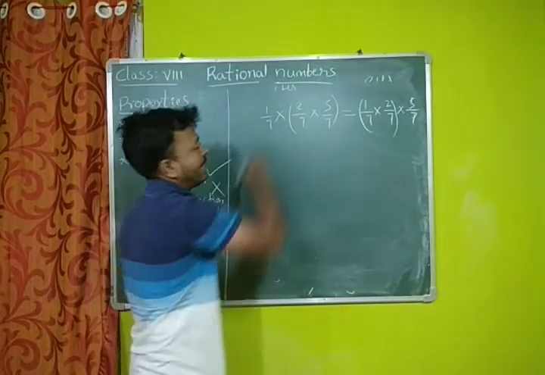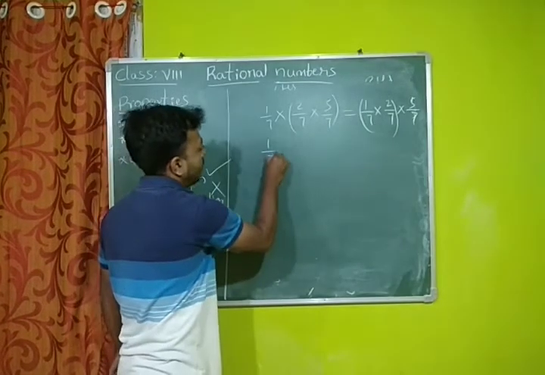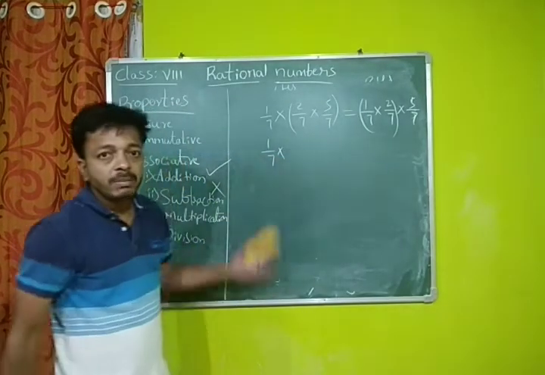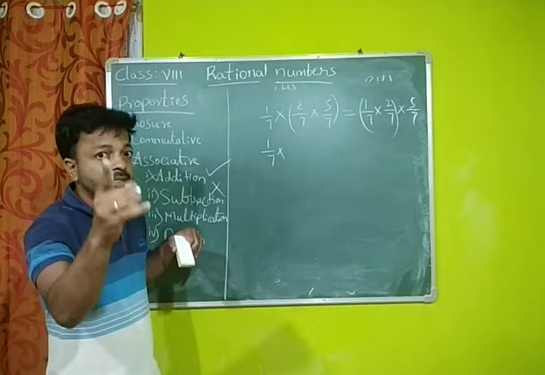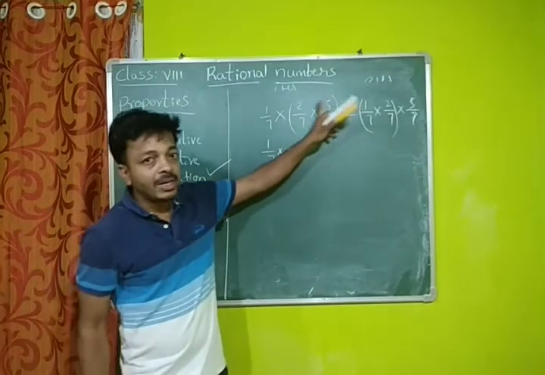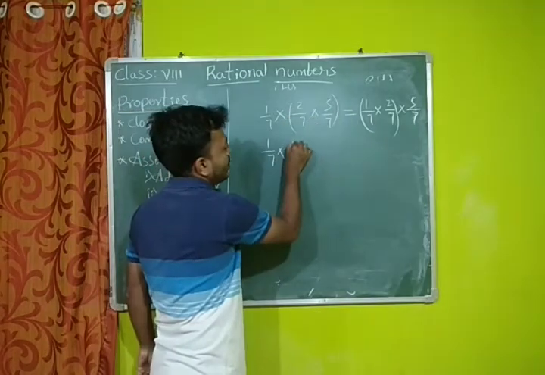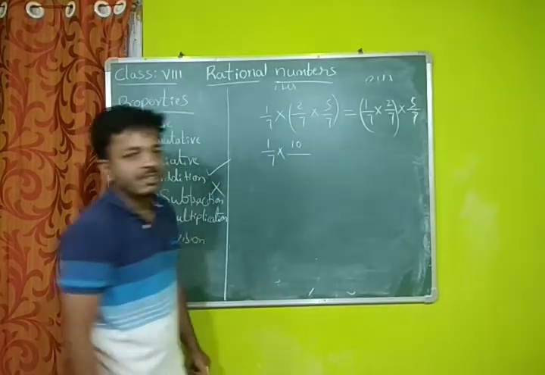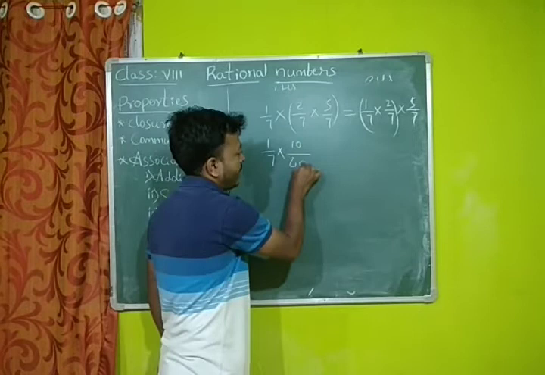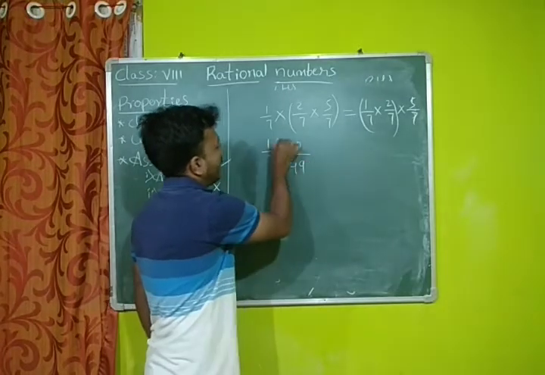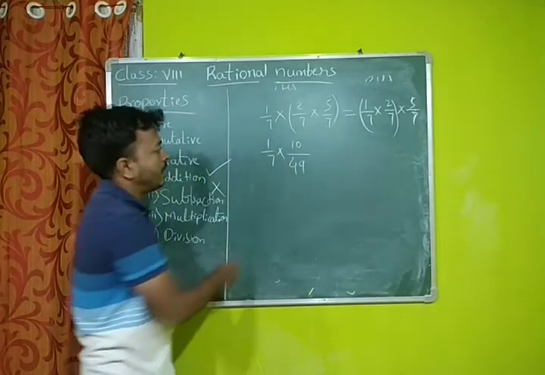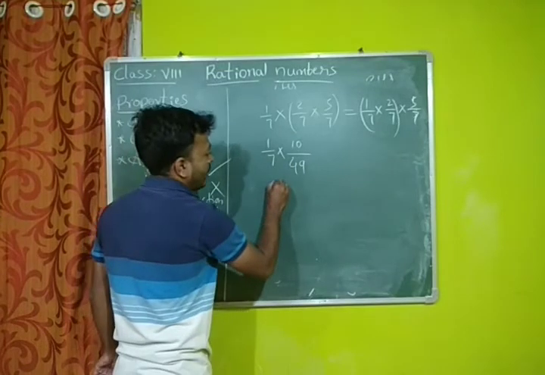Now solve this LHS. 1 upon 7 multiplied by 2 upon 7. How to do the multiplication for fractions? Very simple: numerator to numerator, denominator to denominator. 2 5s are how much? 10. Divided by 7 7s are 49. And here numerator to numerator, 1 10s are 10.